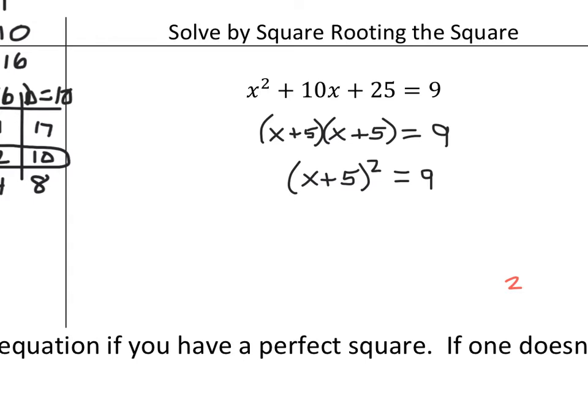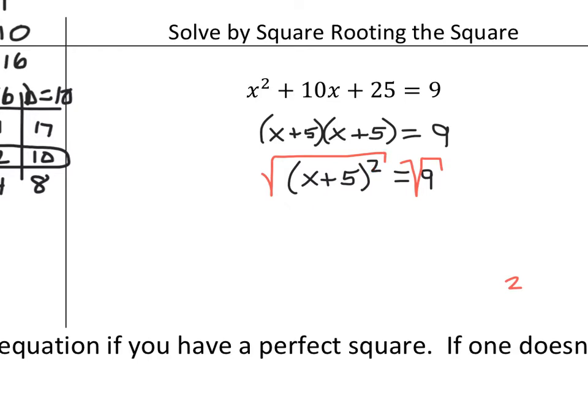Because I have a perfect square on the left side of this equal sign, I can just take the square root to solve. If I take the square root of the left side of the equal sign, I have to take the square root of the right side. What I have left is the square root of a perfect square.